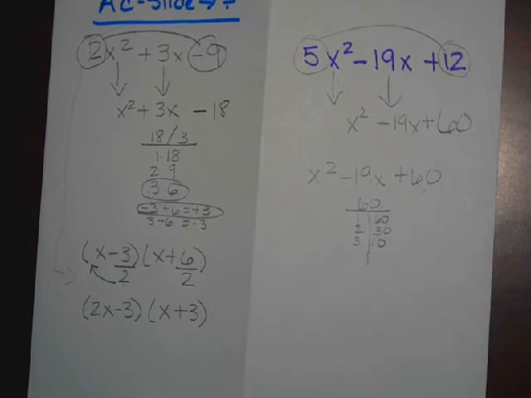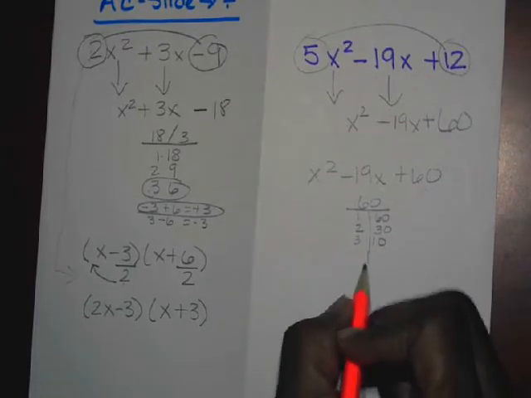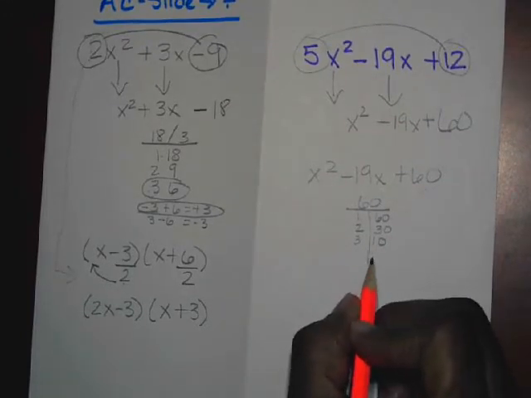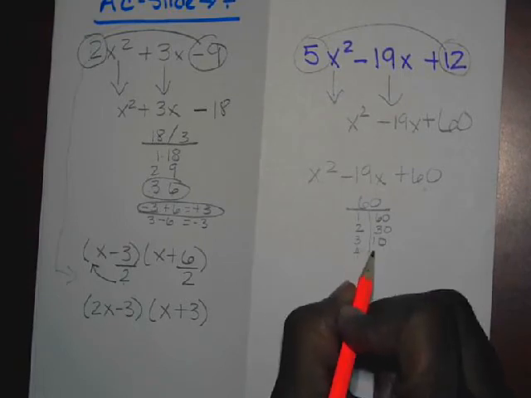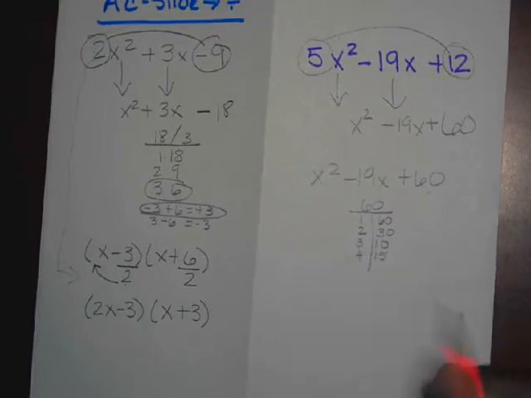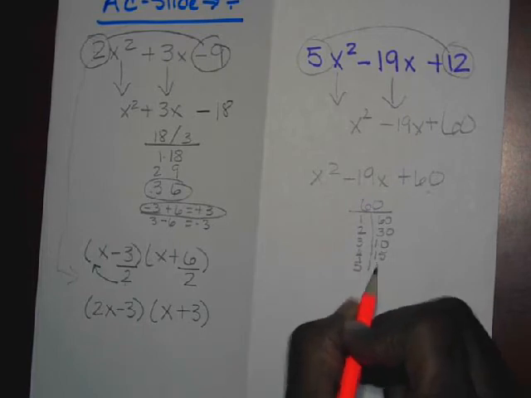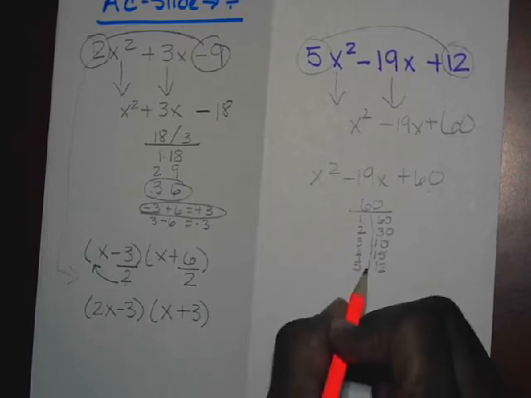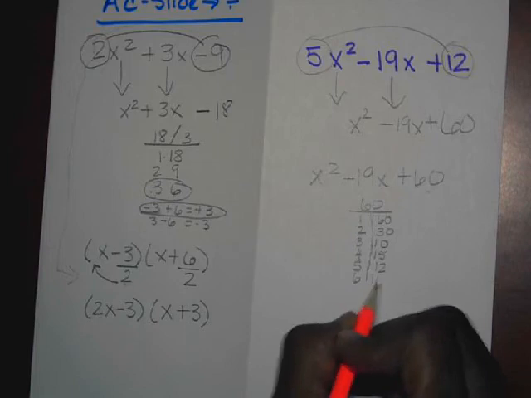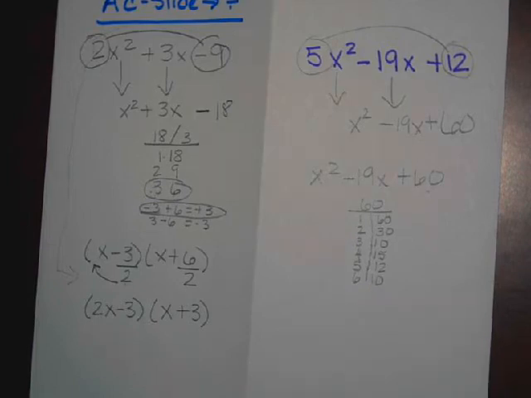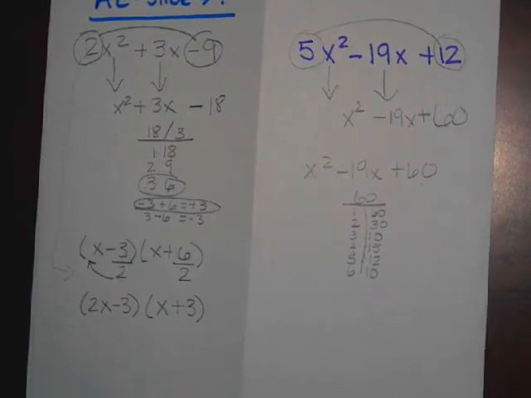All right, how many times will 4 go into 60? 4 and 15. What about 5? 5 and 12. What about 6? 6 and 10. 7, no. 8, no. 9, no. 10, yes. But I already have 10, so I'm done.